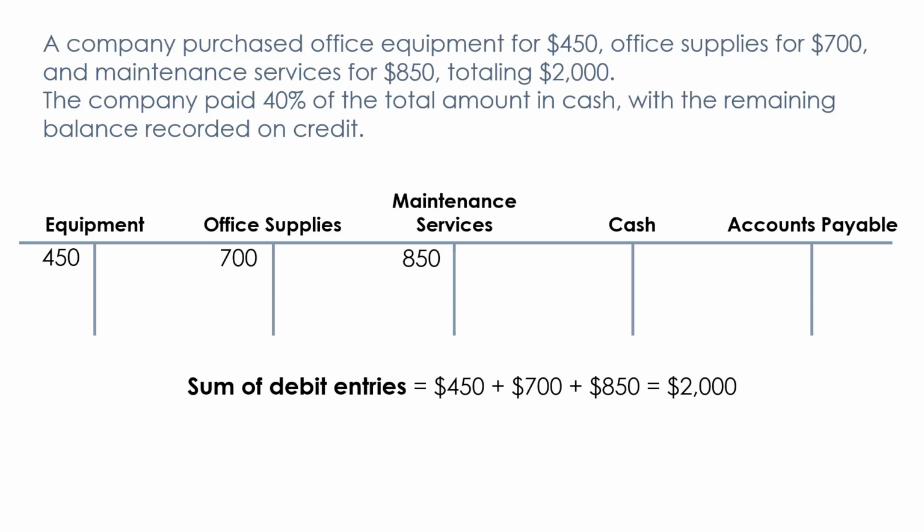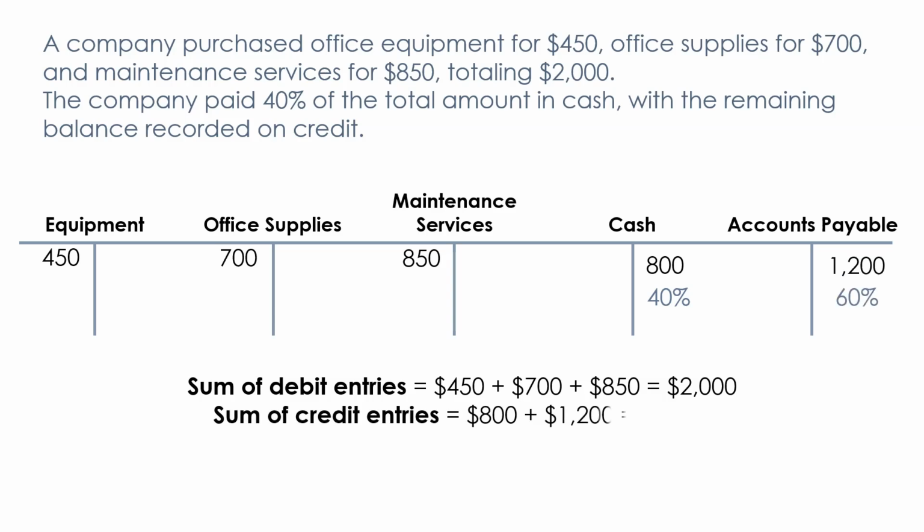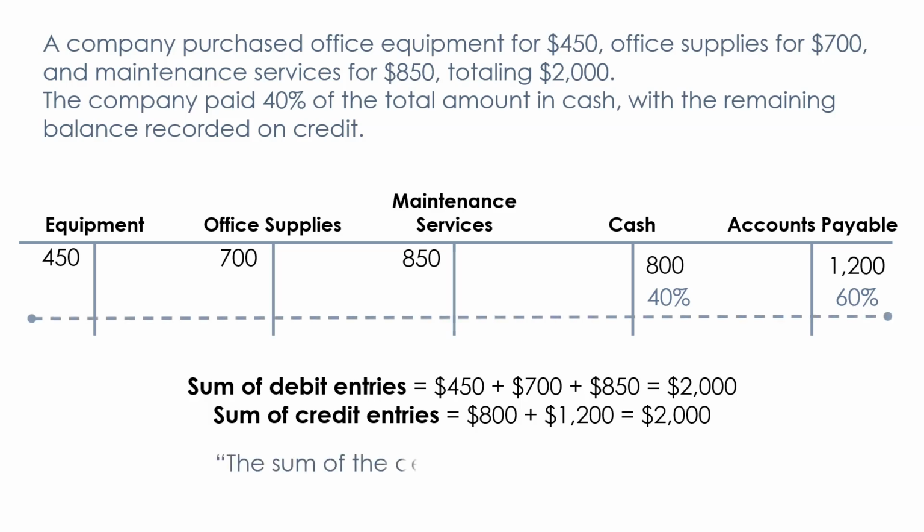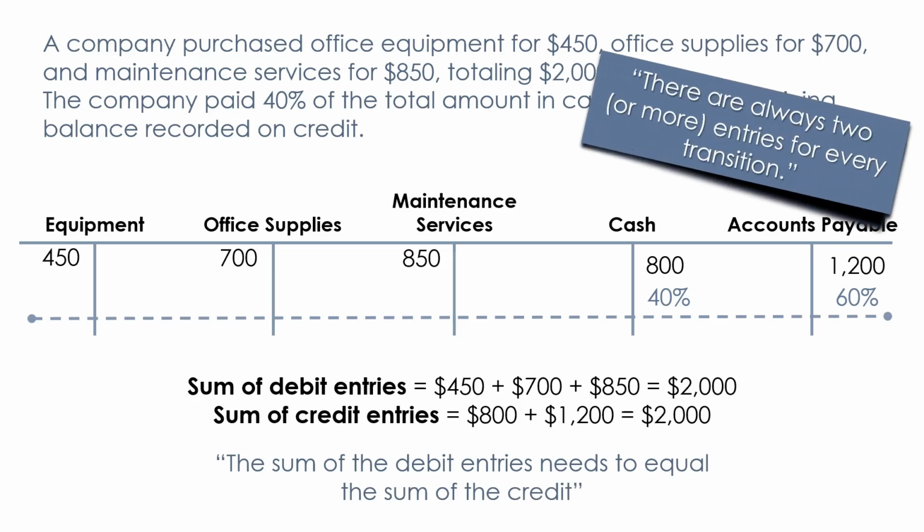The company paid 40% of the total amount in cash, which equals $800. The remaining 60%, or $1,200, was recorded as a credit to accounts payable. As you can see, the sum of debits equals the sum of credits. Additionally, any change on one side of the equation is mirrored by an equivalent change on the other.